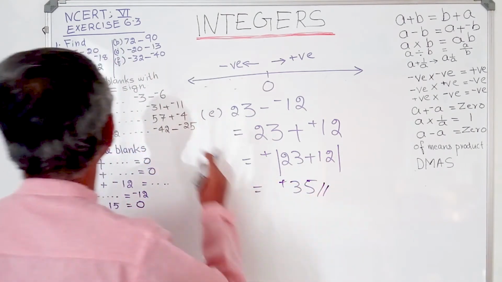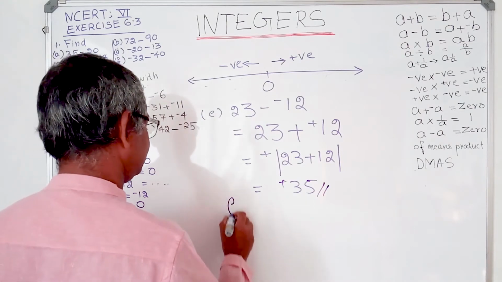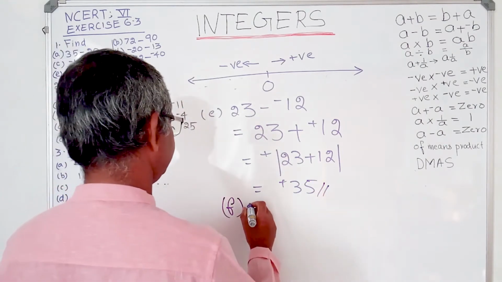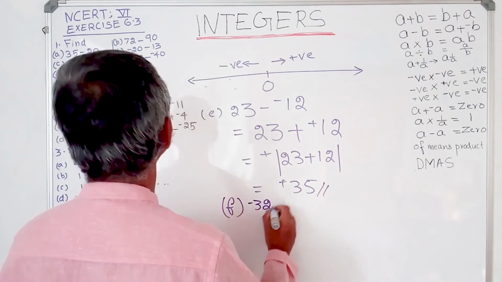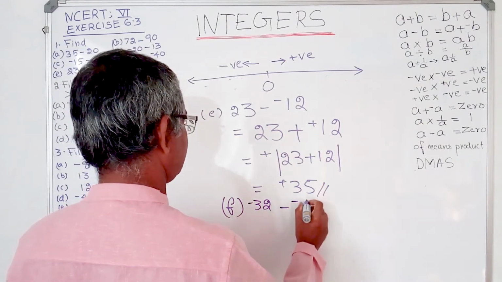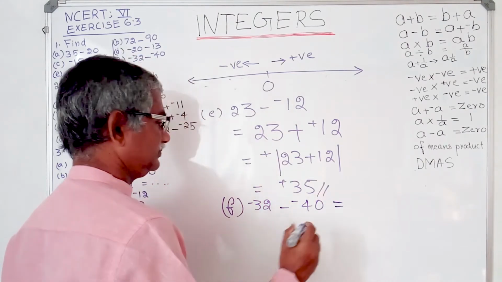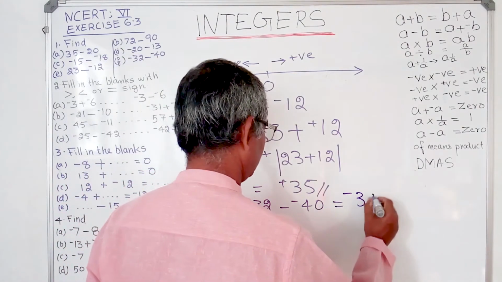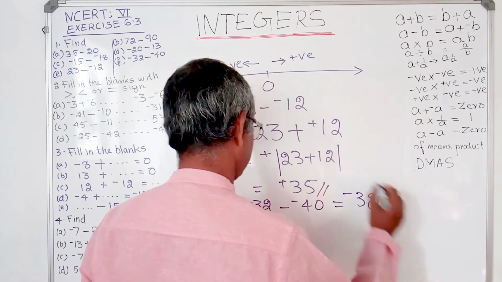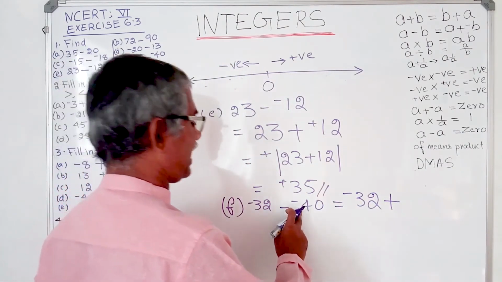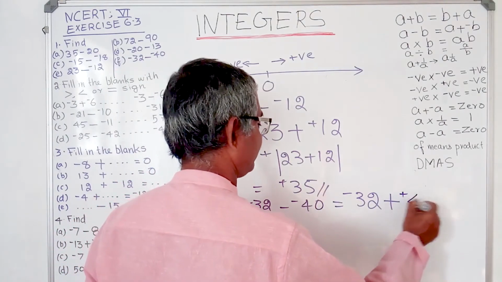Positive 35. E. F. Negative 32 minus negative 40. What will be the answer? Negative 32 plus, in order to subtract negative 40, we are adding positive 40.